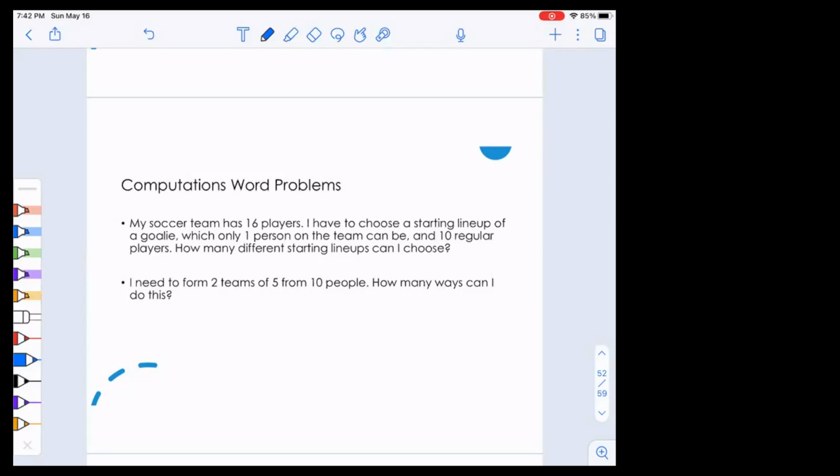So since there's only one person which has to be the goalie, it's going to take one from the team. So now we only have 15 normal players left, and we have 10 people for the lineup. So now what we do is we're going to choose 10 from 15.